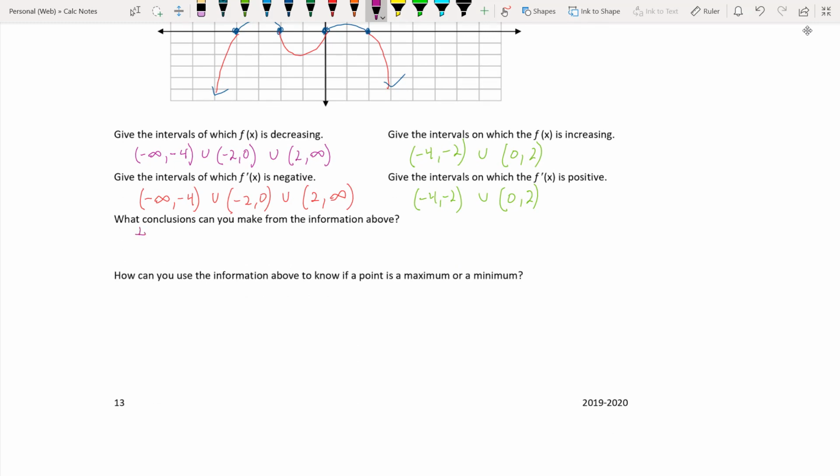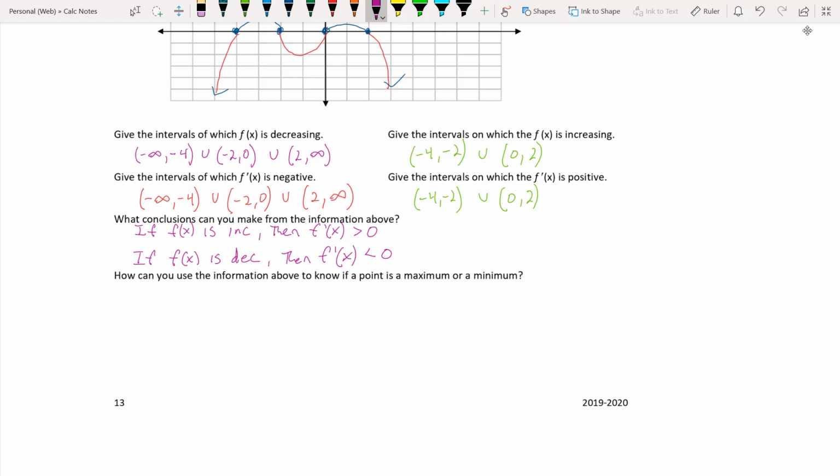If f of x is increasing, then f prime of x is greater than 0. And if f of x is decreasing, then f prime of x is less than 0.